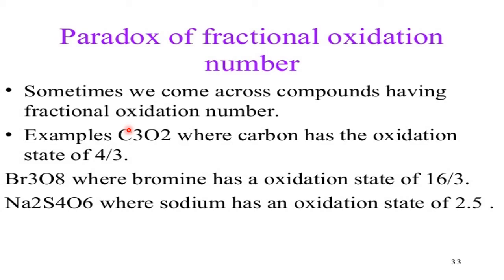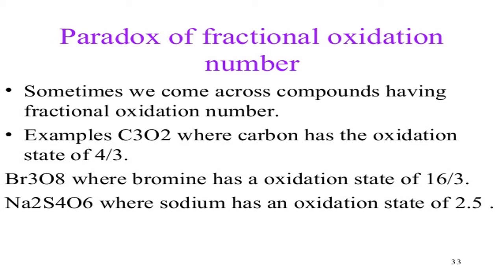Let us check. Same case in tribromine octoxide, where bromine has ON equal to 16 by 3. And in the case of Na2S4O6, sulphur's ON is 2.5. Very interesting. Such cases are not explained by the normal rules. These are explained by studying their structures.